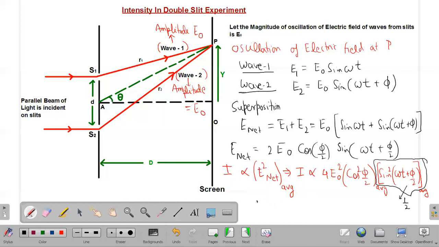Therefore, intensity is now proportional to 2 E naught square cos square of phi by 2.